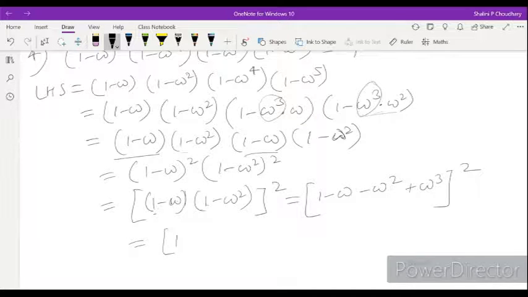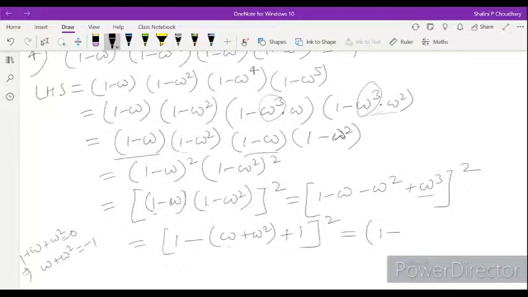So it will be equal to 1, and taking minus common, omega plus omega square, plus omega cube which is equal to 1, whole square. Since 1 plus omega plus omega square is equal to 0, omega plus omega square will be equal to minus 1.